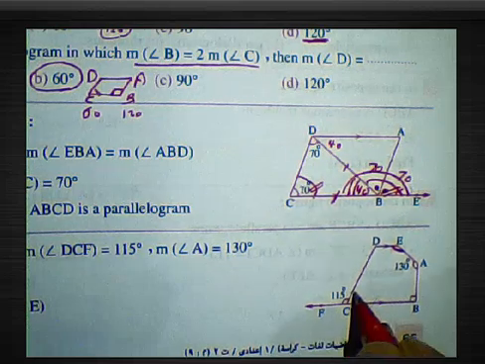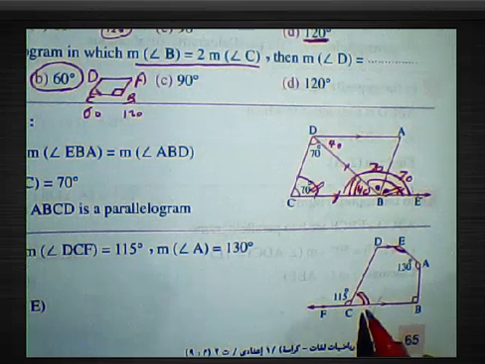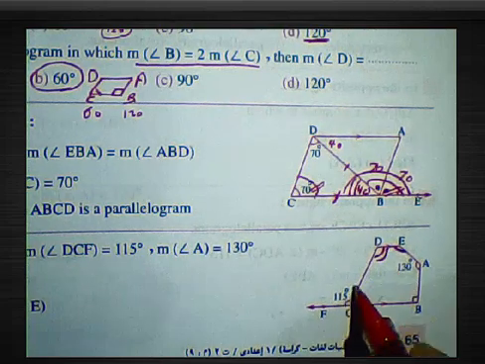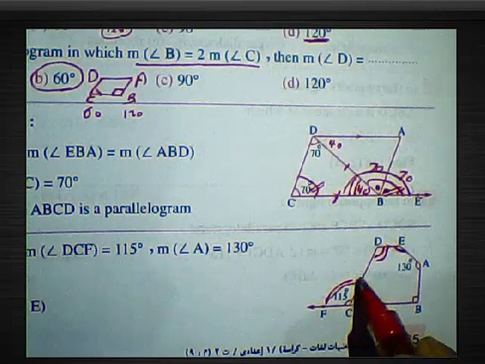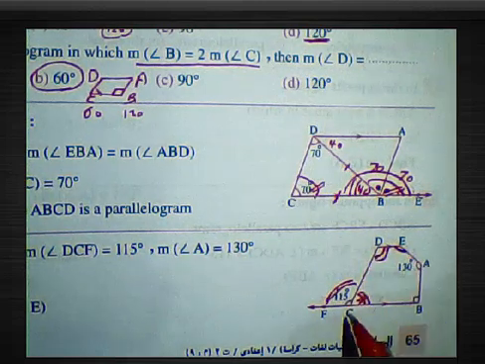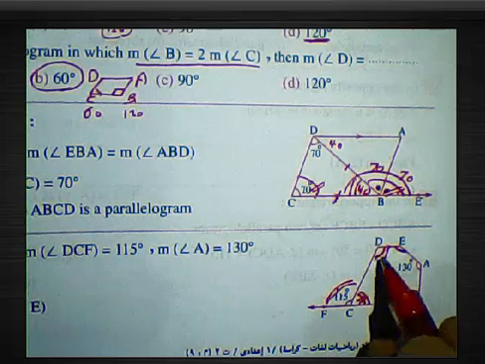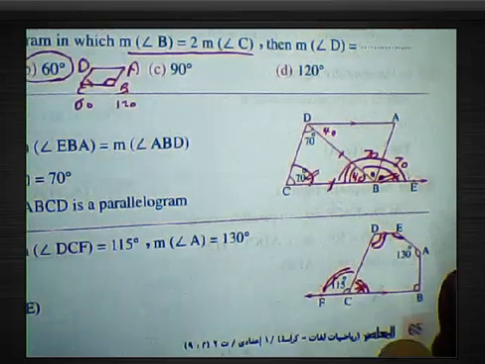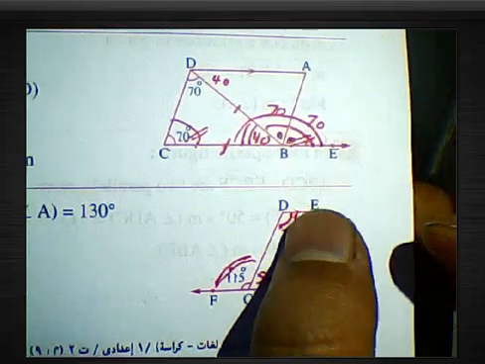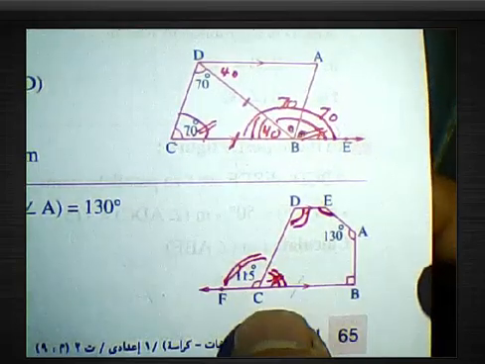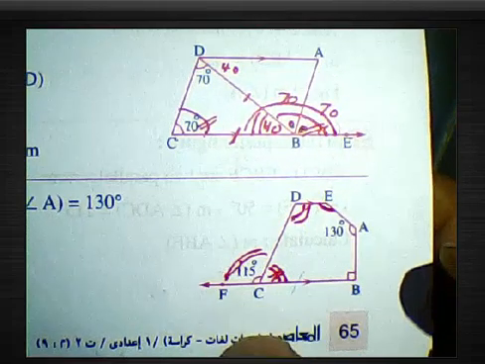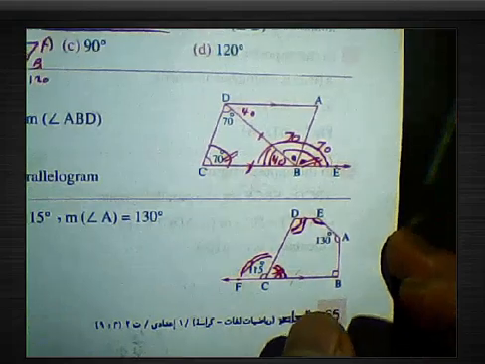We can find this angle: 180 minus 115. About this example, we have alternate angles because DE is parallel to CF. We have two parallel sides. Okay, my students, look with me here. DE is parallel to CF. The measure of angle C equals the measure of angle D. We have alternate angles. Understood?